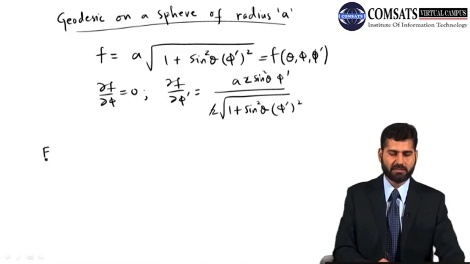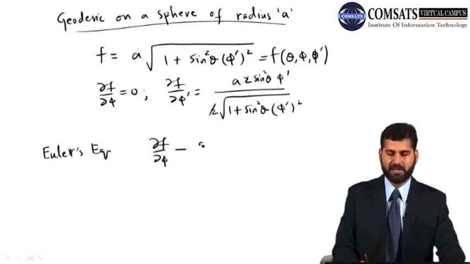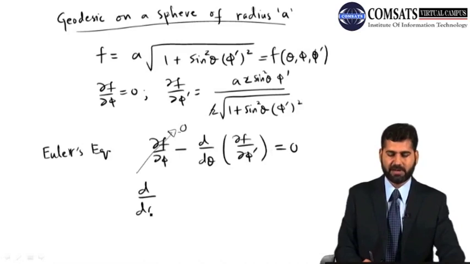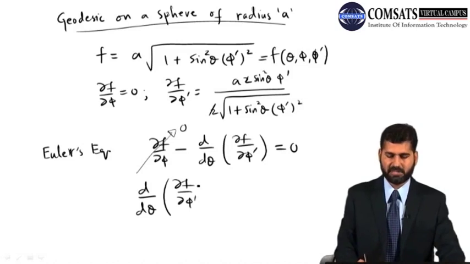So our Euler equation, which was partial f by partial phi minus d by d theta of partial f by partial phi prime equal to 0, will reduce to this, because the first term becomes 0, so we are left with d by d theta of partial f by partial phi prime equal to 0.